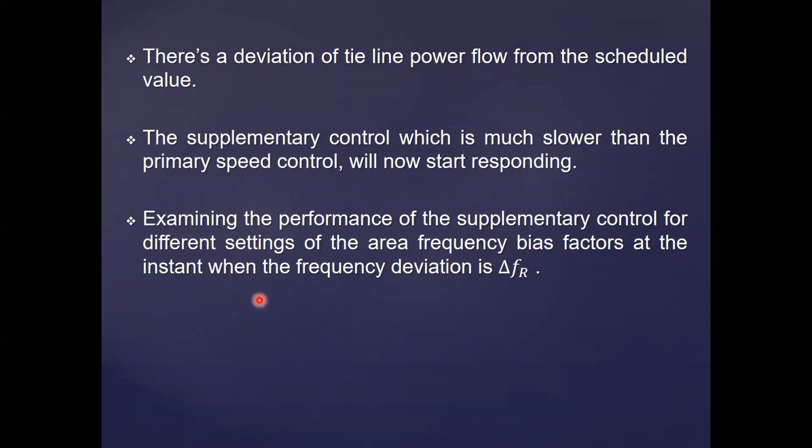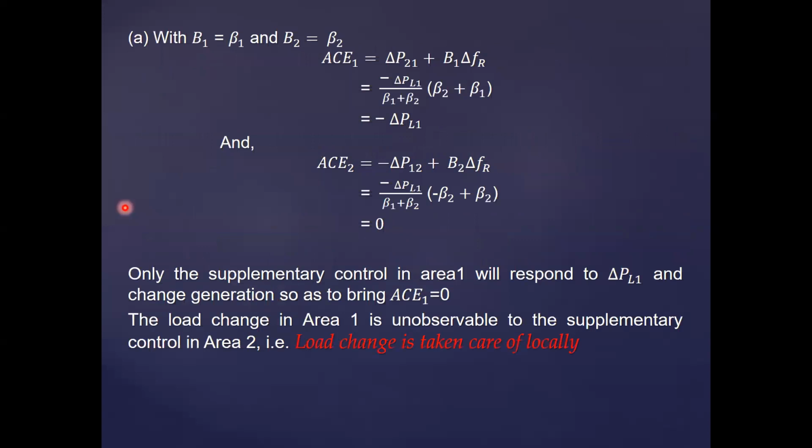And for that, let's say the first case, when your frequency bias factor B1 is equal to beta 1 and B2 is equal to beta 2 here. So area control error, we write down in this way.